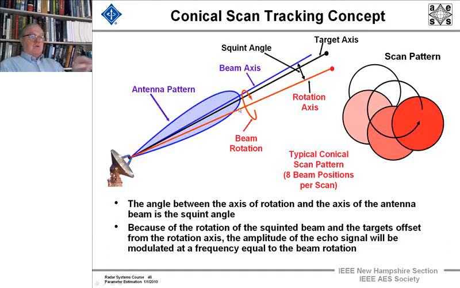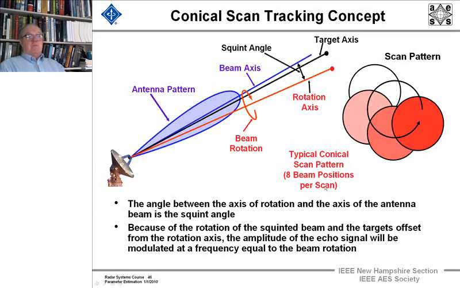And what you would do is send out pulses, many pulses per rotation of the beam. So here we would see the beam at this location.